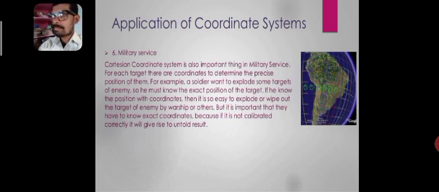Even with missiles, the scientists target the correct location or correct distance to drop them. Also in launching satellites and rockets, they have to locate the correct position of the moon or the required planet, and the distance, and calibrate everything correctly.